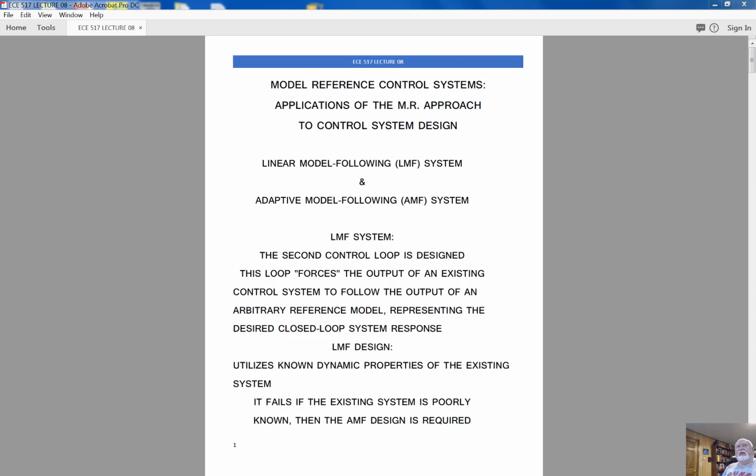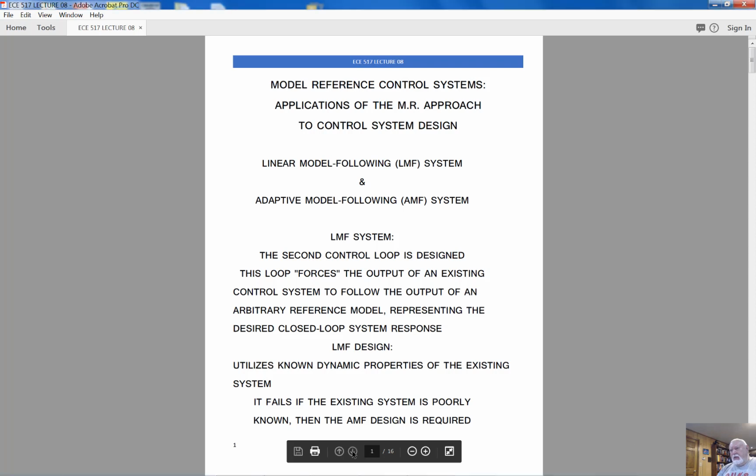Linear model following design would fail if properties of the control plant are not completely known. But, as I said, linear model following design later could be converted into adaptive model following design. We will start from the linear model following design.